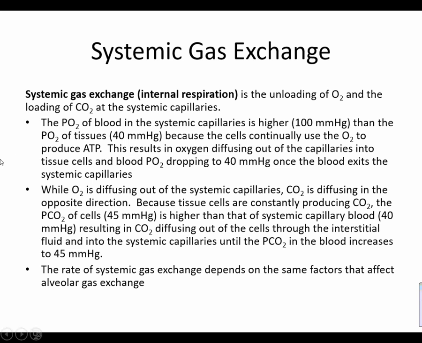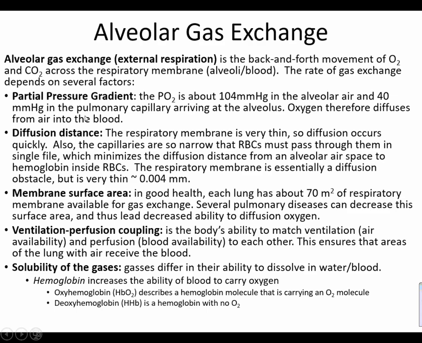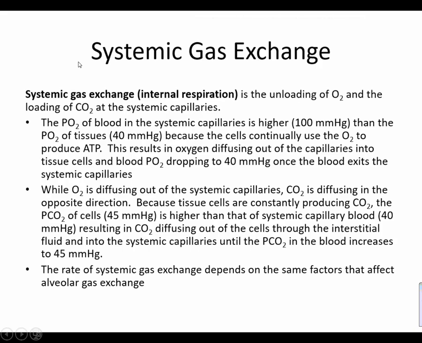Now, once O2 has dumped itself out of the blood, the PO2 of our venous blood becomes really low. It's now 40, and then that blood's going to end up going back to the lungs, and since that's low, it's going to help perform that alveolar gas exchange.